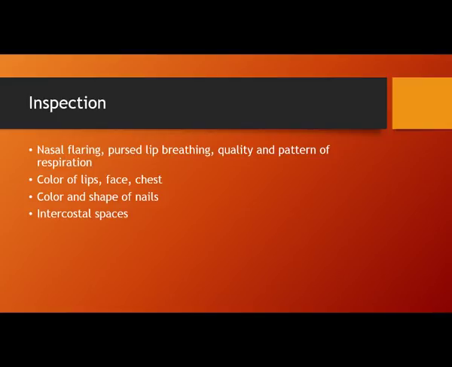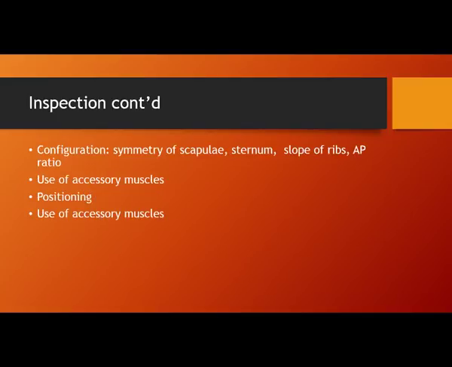And then if you're looking in the front, look at their intercostal spaces to see if there's retraction or bulging. This would be especially on infants, but sometimes you'll see it on very thin adults as well.